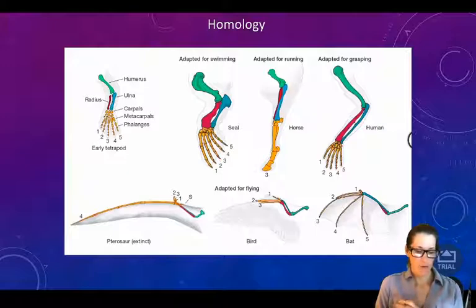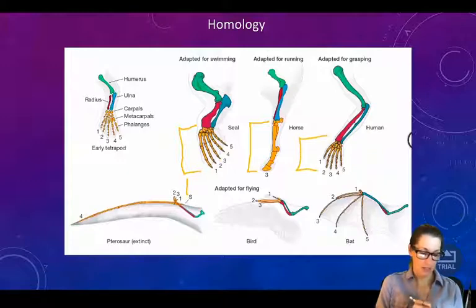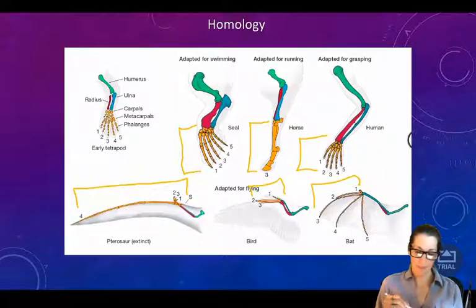We have a seal, and if we look at the end of the limb of the seal, we can see that each of these bones are the same, believe it or not, as those in the horse, the human, a pterosaur, a bird, and a bat.